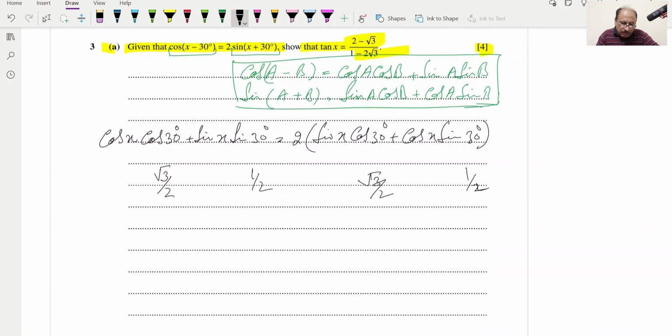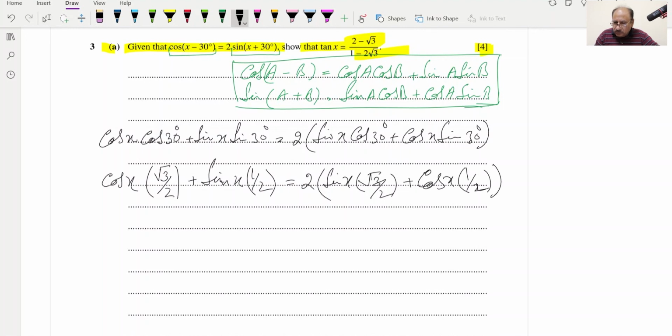Now we can complete our equation, that is cos x into this one plus sine x into this one is equal to 2 into this will be sine x and this one plus cos x into this one.